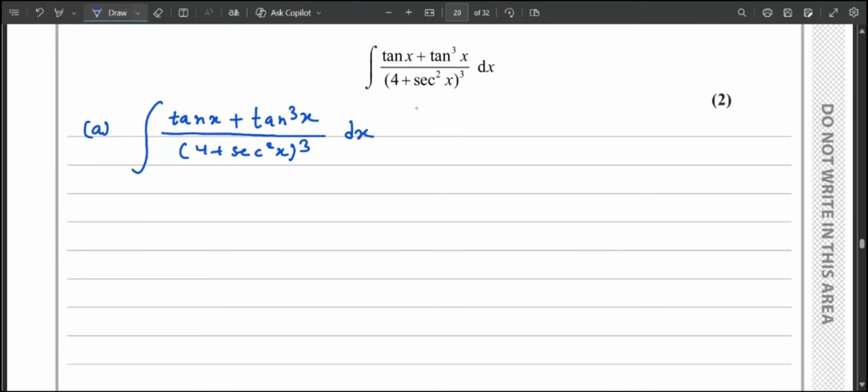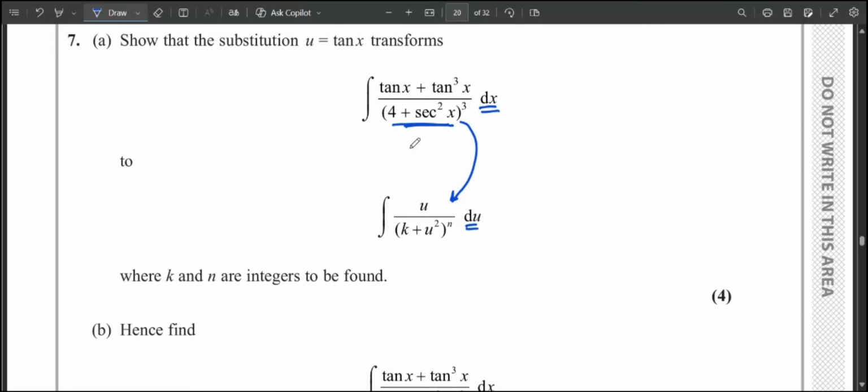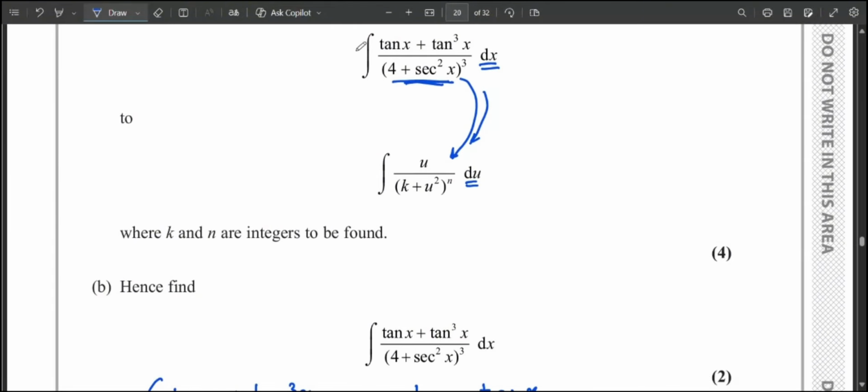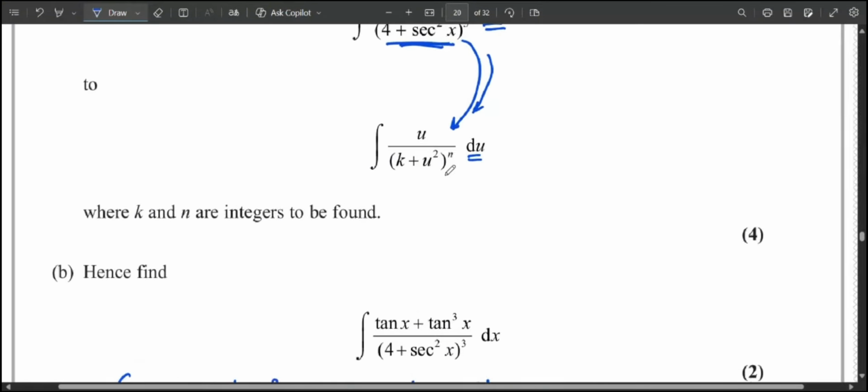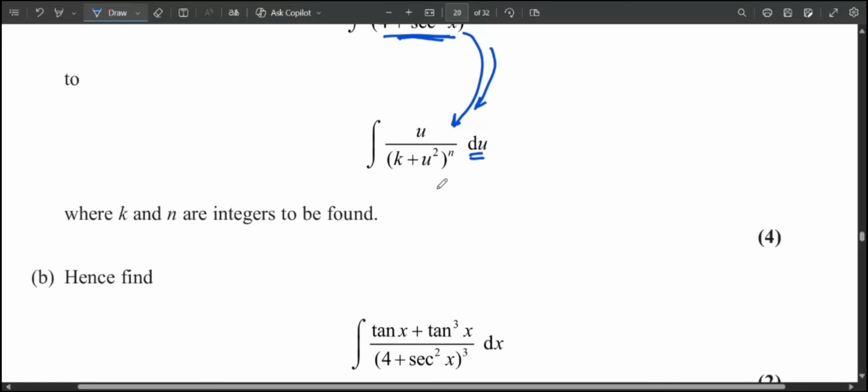And we have to transform this using a substitution that is given as u equals tan x. We have to transform this expression to this one, and we can see that again all the x variables and their functions, for example the tan x function and the sec square x function, all of them have been transformed to the u functions.